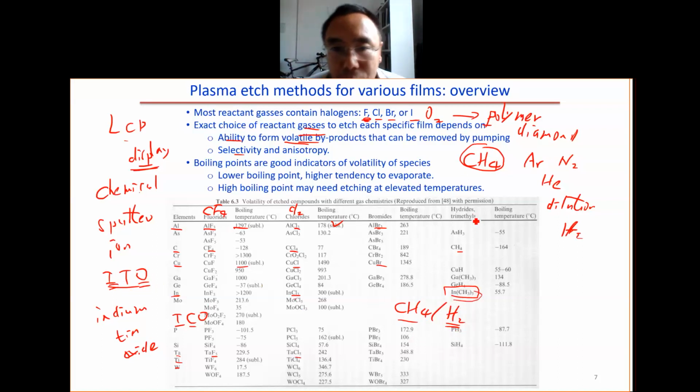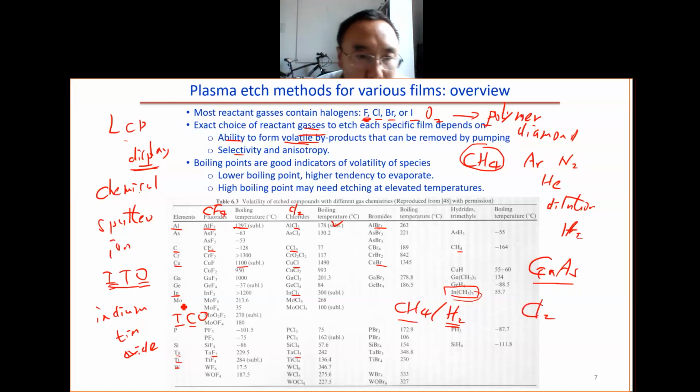And now I want to ask you, how to etch away gallium arsenide? As we know, this is the most popular group 3-5 semiconductor material. We can use chlorine gas. You can see for the case of gallium, fluorine has a very high boiling temperature, which is too high, so fluorine is not good.